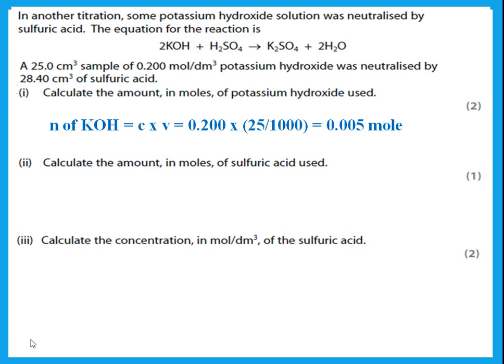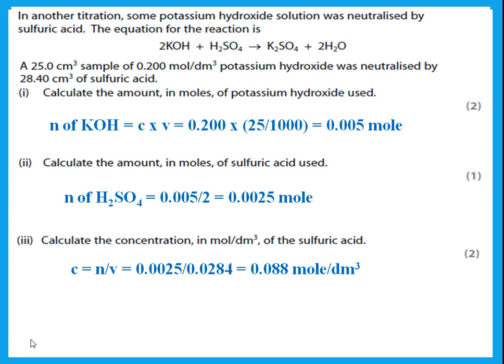The equation says 2 moles of KOH react with 1 mole of sulfuric acid. So if my KOH is 0.005, the number of moles of sulfuric acid should be half of that, right? Then I want the concentration of the sulfuric acid. Concentration is that number of moles divided by the volume, and that comes out to be 0.088 mole per decimeter cubed.